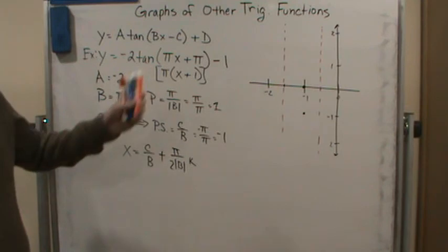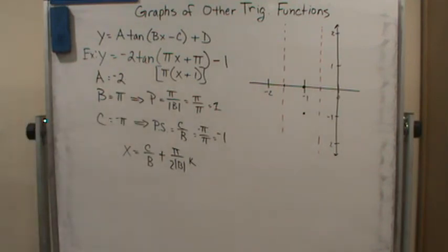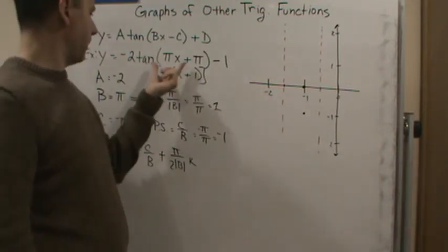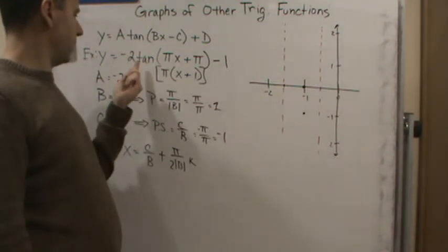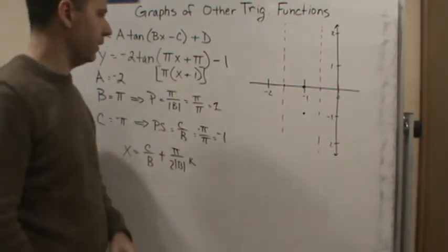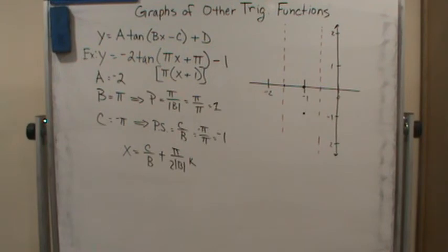What do you get for the tangent of pi over 4? It's 1. So this becomes 1, and this becomes -2 minus 1, which gives you -3.